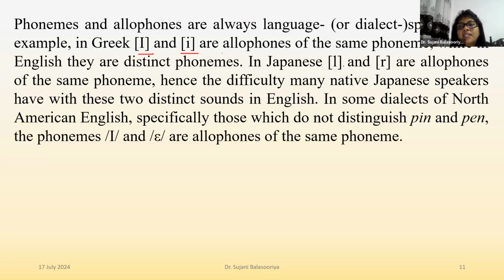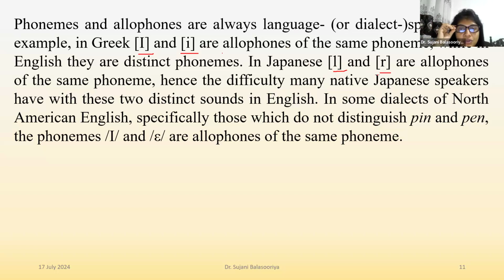In Japanese, these two sounds, L and R, are allophones of the same phoneme. Hence, the difficulty many native Japanese speakers have with these two distinct sounds in English. Because in English, L and R are totally different sounds.